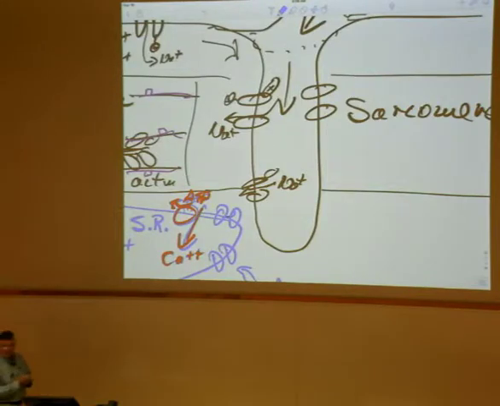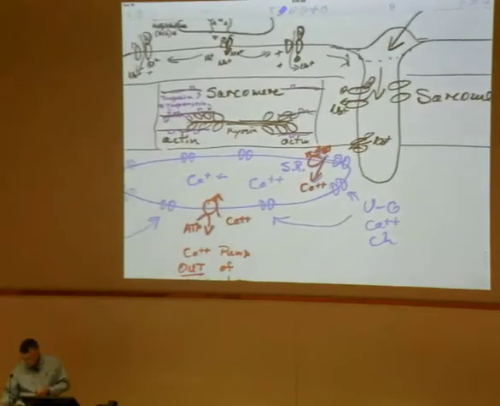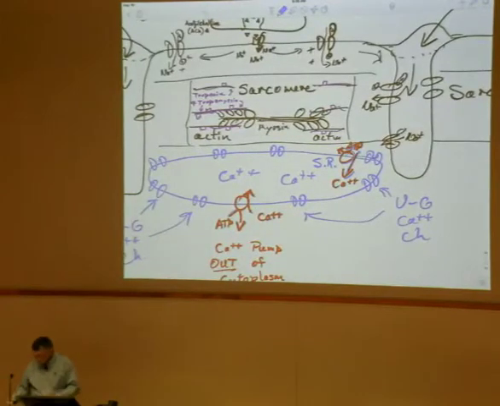It's modified endoplasmic reticulum, membrane bound, and it has calcium pumps that are pumping the calcium in. So when the action potential gets down here, that opens voltage-gated calcium channels and allows calcium out.